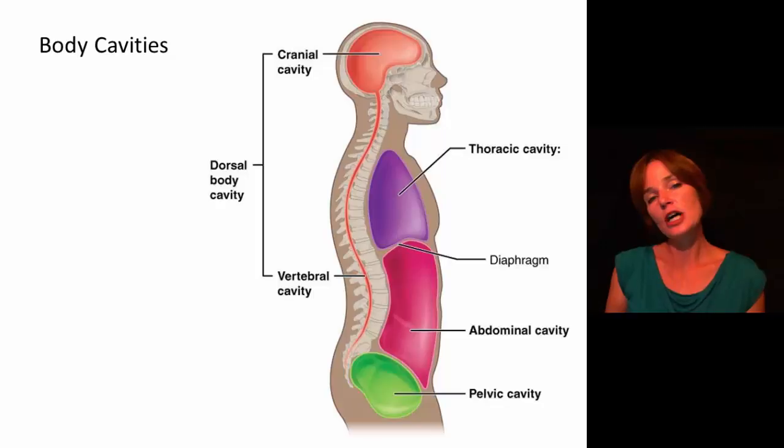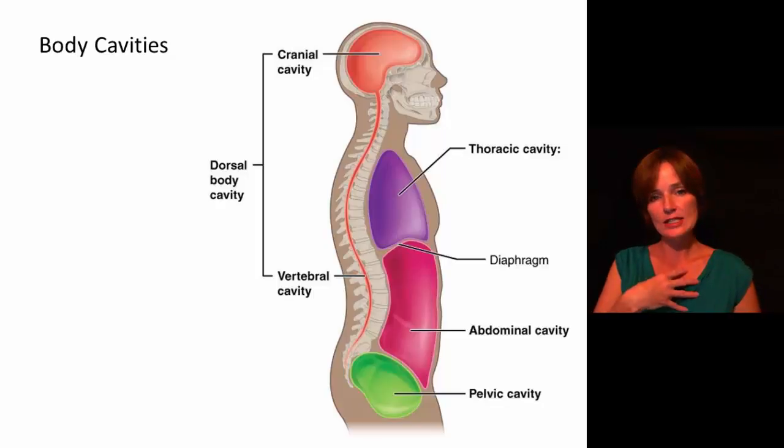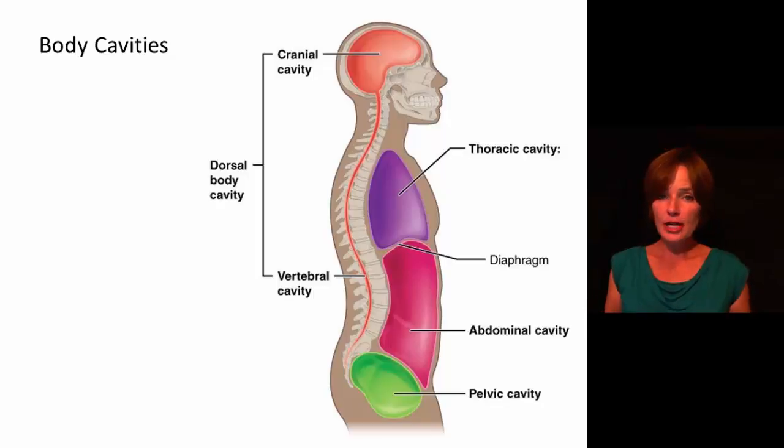There is a muscle called the diaphragm that separates the thoracic cavity from the abdominal cavity. The abdominal cavity is going to be the one that contains the majority of our organs. So we have lots of organs contained in that cavity, and that particular cavity is the one that tends to be the most susceptible to injury because we don't have a rib cage or a cranium or something like that that's directly protecting those particular organs.